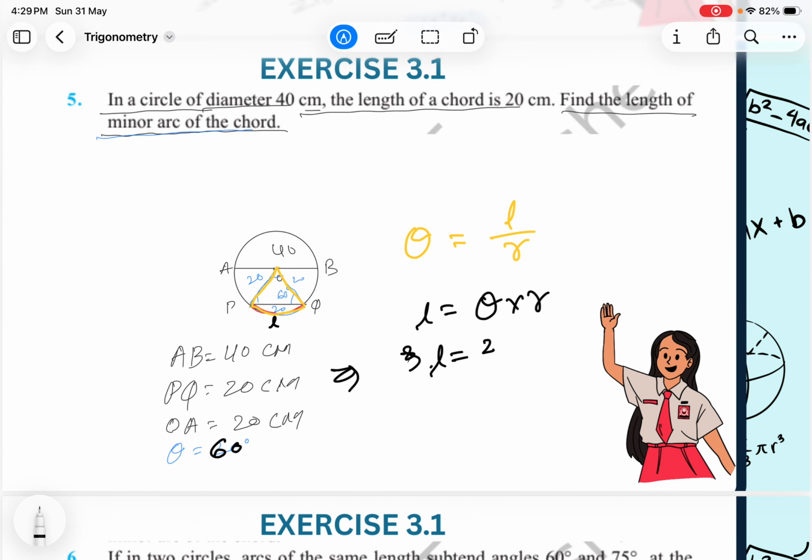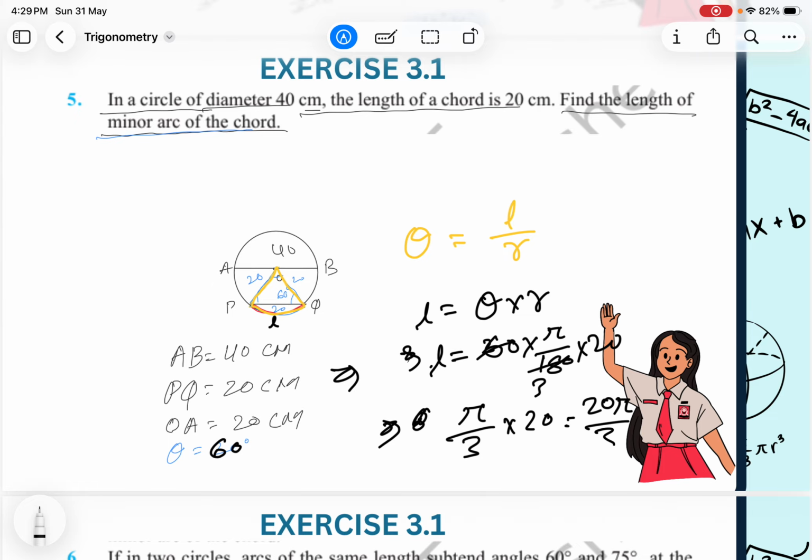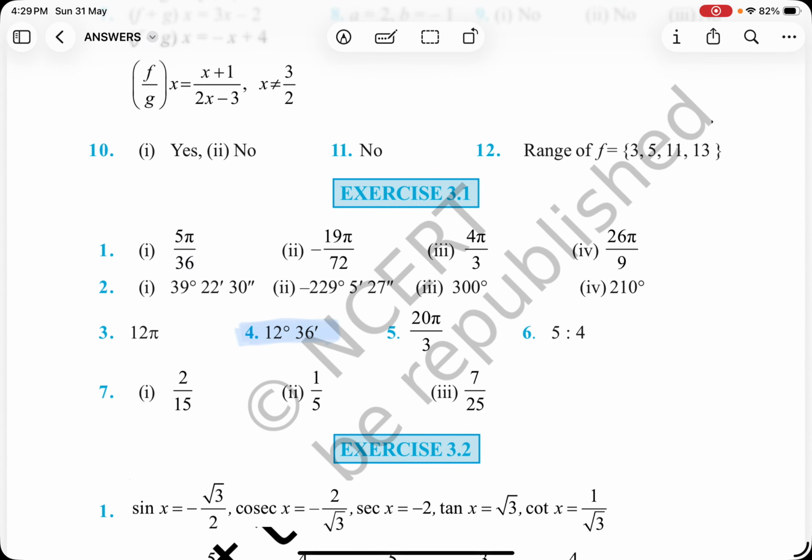This is 60 degree. 60 into pi by 180 into 20. Okay, so 60 we can cancel by 3, pi by 3 into 20. Now we have pi by 3 into 20, that is 20 pi by 3, and this is the answer, 20 pi by 3. 20 pi by 3, here you can see.